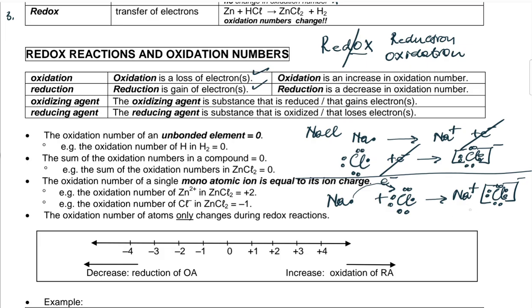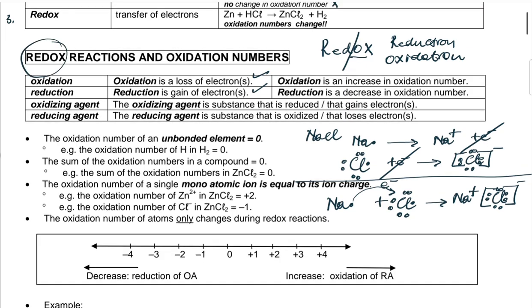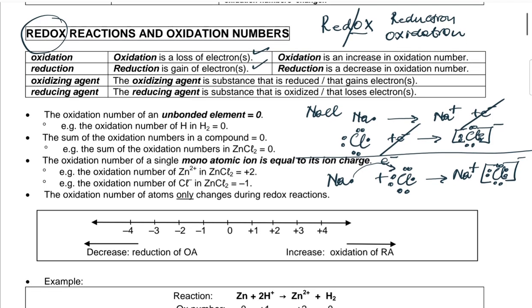So once we balance the ions, positive 1 and negative 1, they cancel one another. Okay, so basically this is what you're going to talk about if you refer to a redox reaction. Talk about transfer of electrons. What is a redox reaction? Redox reaction is the transfer of electrons.